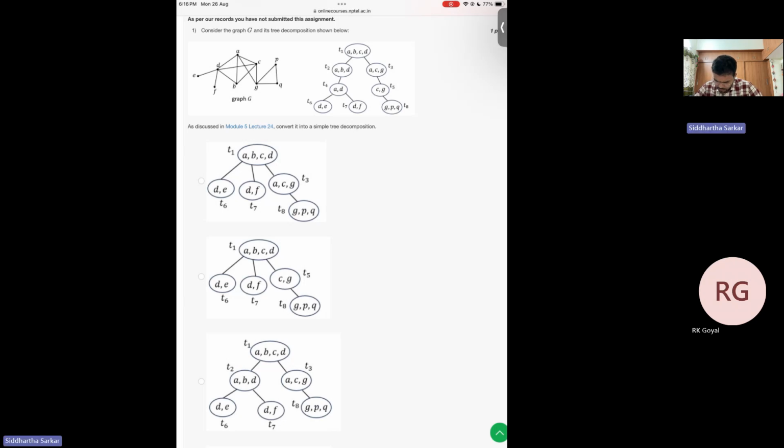I don't see any bag which is a subset of another bag, but it is not even a tree decomposition, because we want every edge in the original graph to have a bag that contains both its endpoints, and there are only so few bags here.